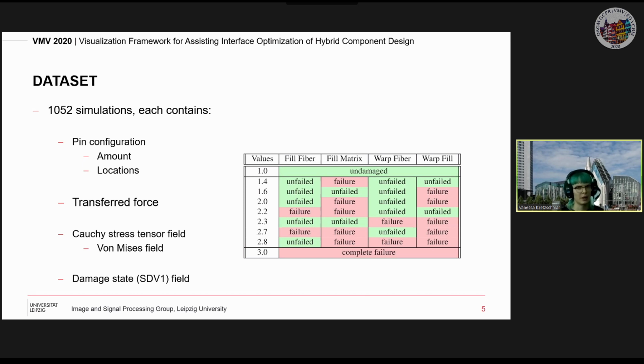And I included a table here, but to shorten things up, the lower the value, the less damaged the composite is. And in case you're not familiar with CFRP, higher values of this indicate fiber failure. And a fiber failure is way worse than a matrix failure because the fiber has a higher stiffness in its direction.